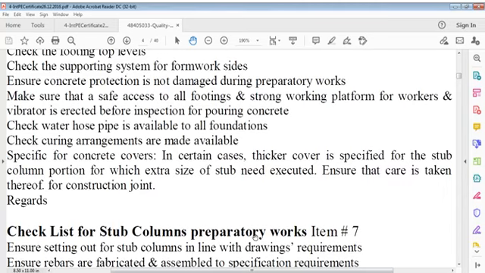Before that, check water hose pipe is available. It's all essentials, and curing arrangements are made available.